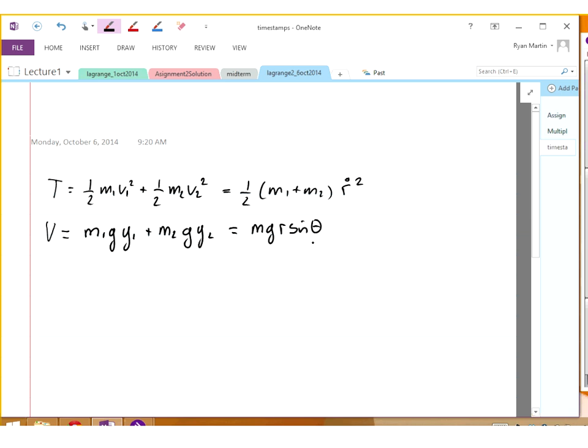That's m1 g r sine theta. And then I plug in what I had for y2. So that's m2 g, r plus l, sine theta.